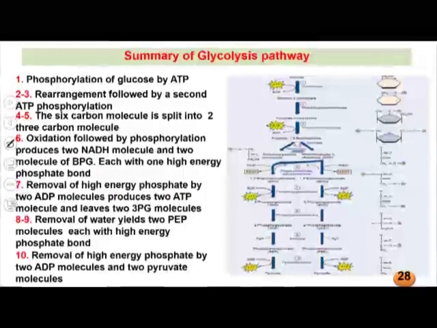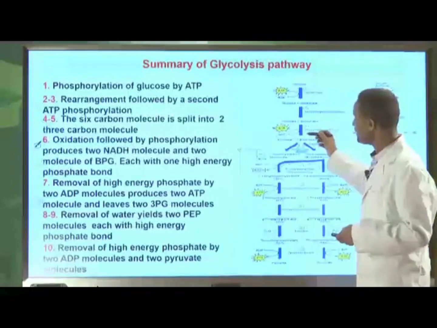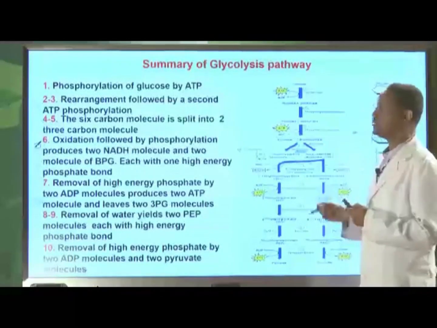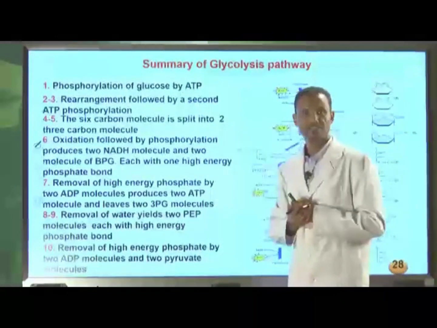Here, to summarize the glycolysis pathway: in reaction 1, phosphorylation of glucose by ATP. Reactions 2 and 3, rearrangement followed by the second ATP phosphorylation.